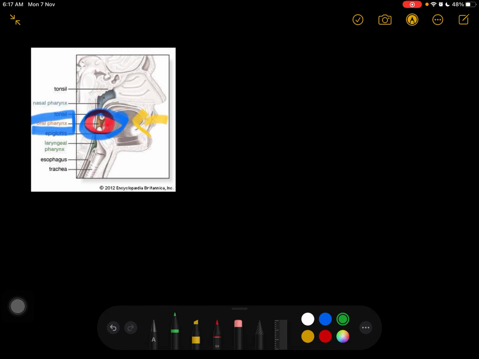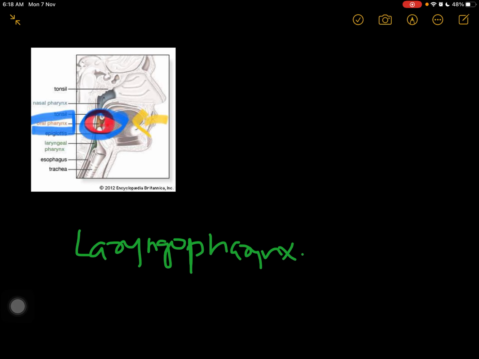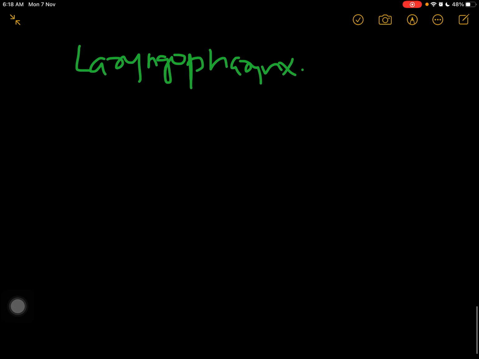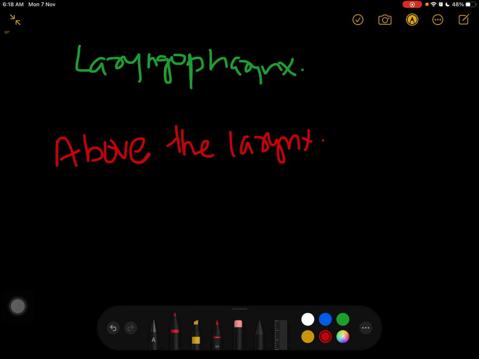Now let's talk about the third type, which is laryngopharynx. Here you can see this is the place above the larynx, and it is also lined with NKSSE, non-keratinized squamous stratified epithelium.